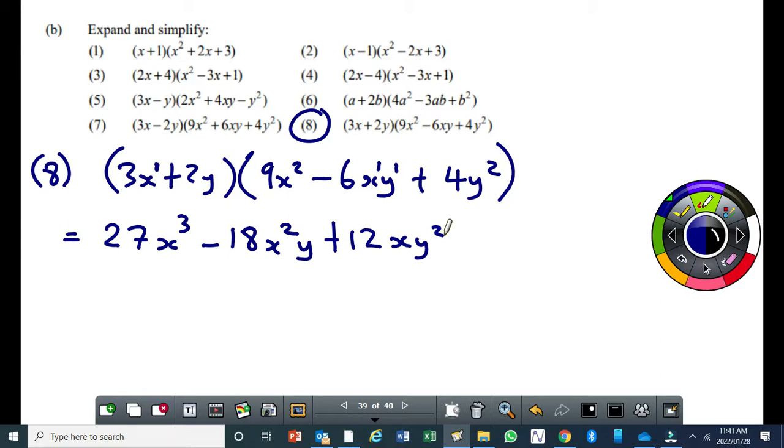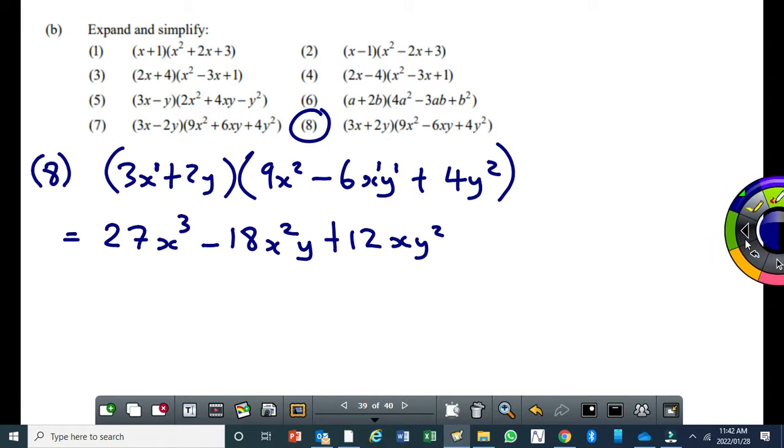Now I'm going to multiply the second term of the binomial by the 3 terms of the trinomial. So 2y times 9x squared, start with the coefficient. 2 times 9, that's positive 18. Then y times x squared is going to be x squared y. Then 2y times minus 6xy. You multiply the x's first, but be aware that the exponent there is a 1. So 2 times minus 6 will give you minus 12.